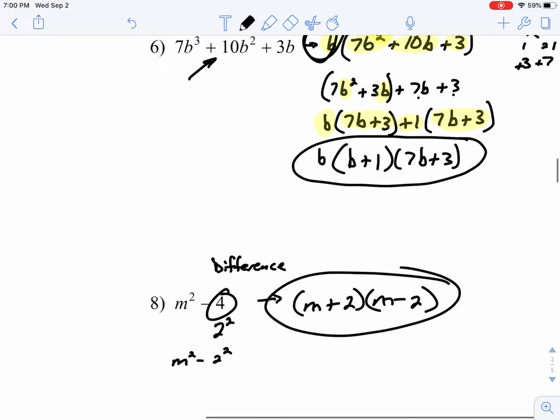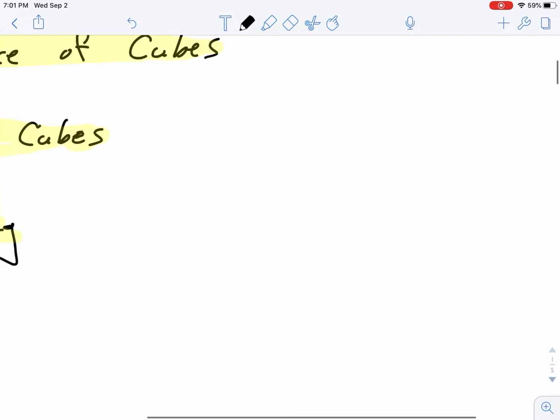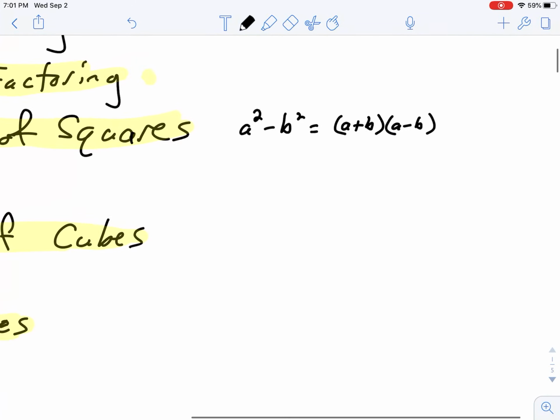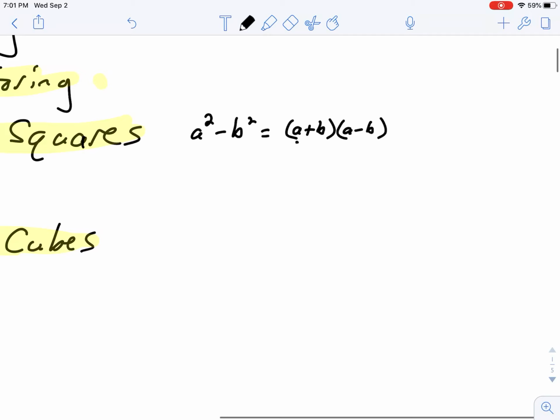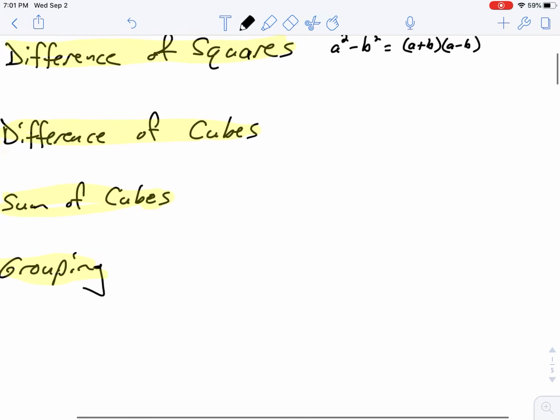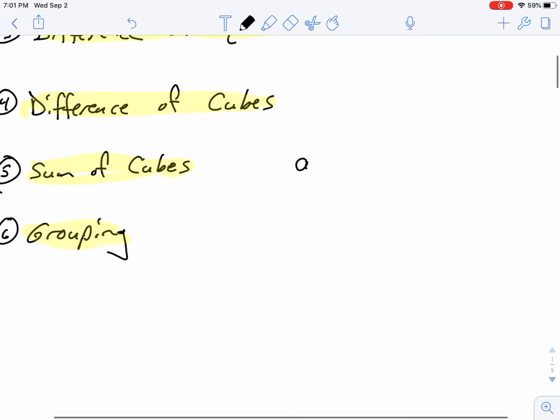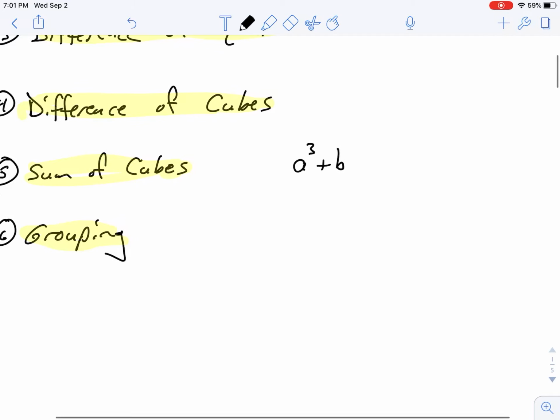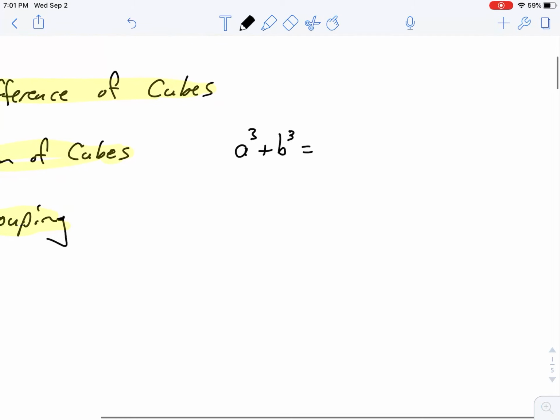I'm going to write the formula up here on the note page, but it's a hard one to remember. The difference of squares is a pretty easy one to remember: a, b, b, plus minus. So I don't really dwell on that one a whole lot. But this one is kind of complicated. I'm on a sum of cubes right now. Sum of cubes is a cubed plus b cubed, like your original problem. And here's the formula.